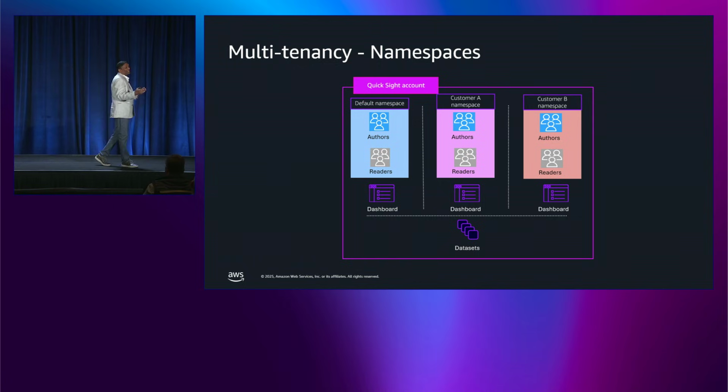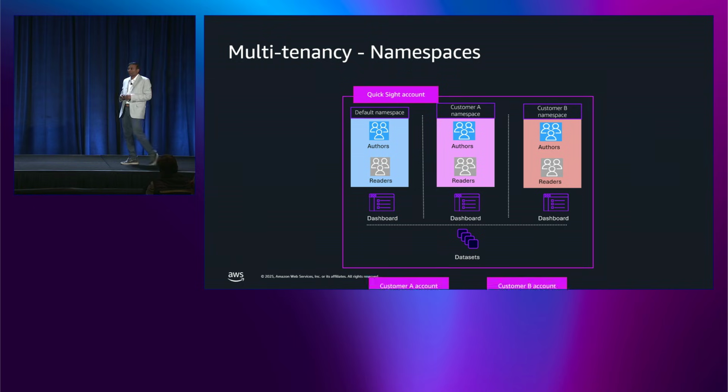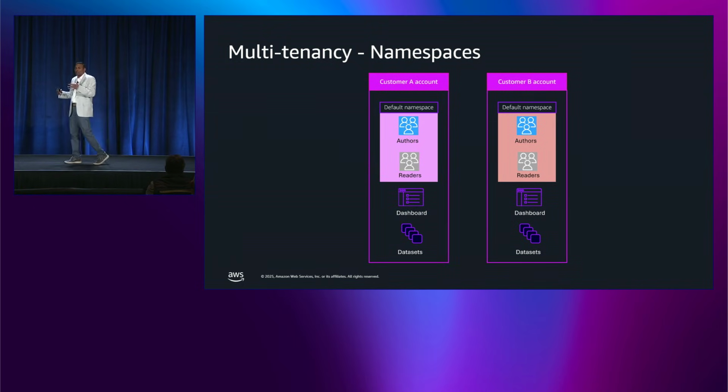So you can use RLS and CLS rules based on tags or identities to then manage the tenancy, but then the consumption layer, which is the dashboards and reports that you create and the users, can be isolated into namespaces. Or you can actually create individual stacks all the way from the account level for each tenant. And then you can manage deployment across all of that through APIs.